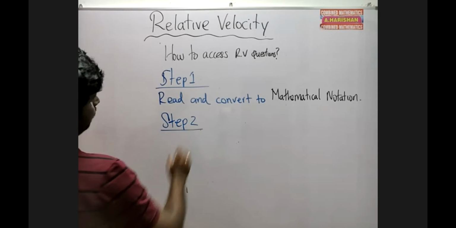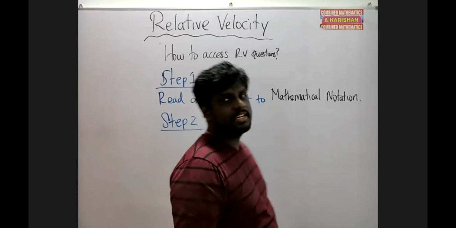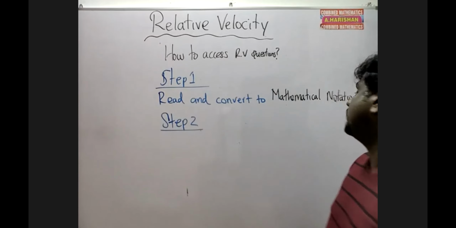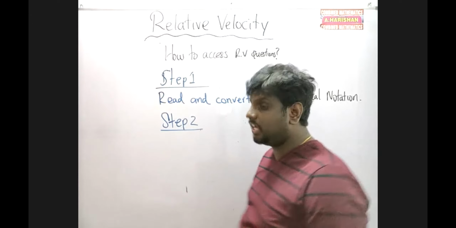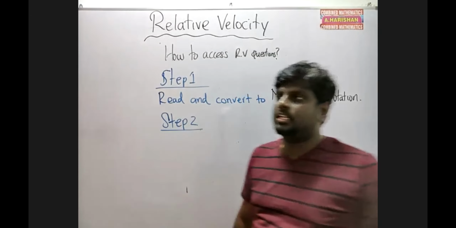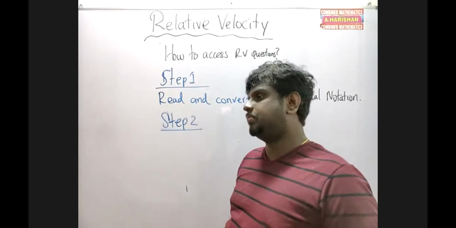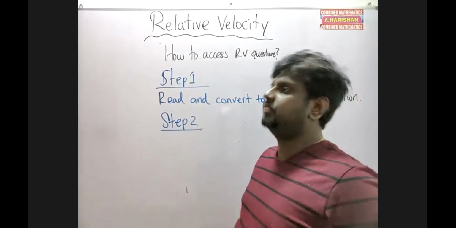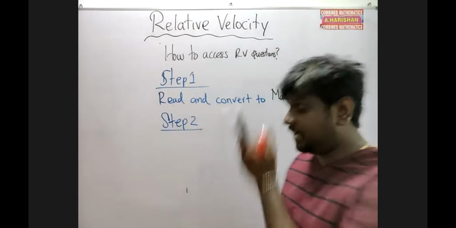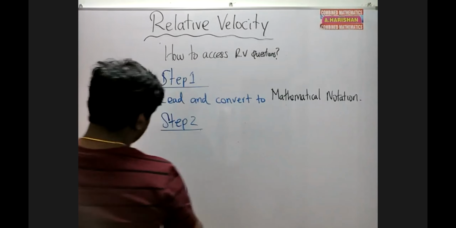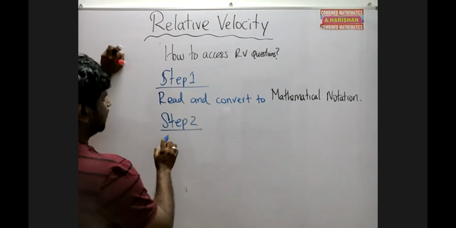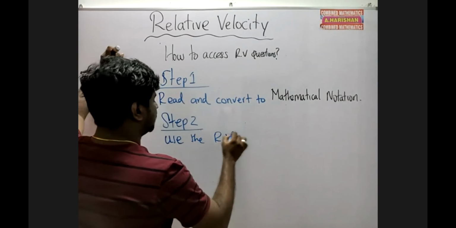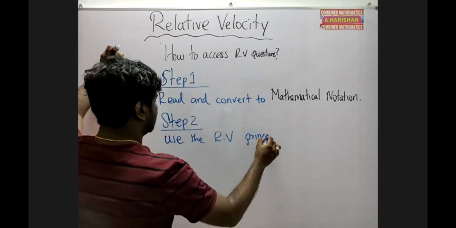Step 2. After converting to the mathematical notation, you have to form the relative velocity principle. Use the relative velocity principle, and you have to form something else, right? That is under step 2 only.